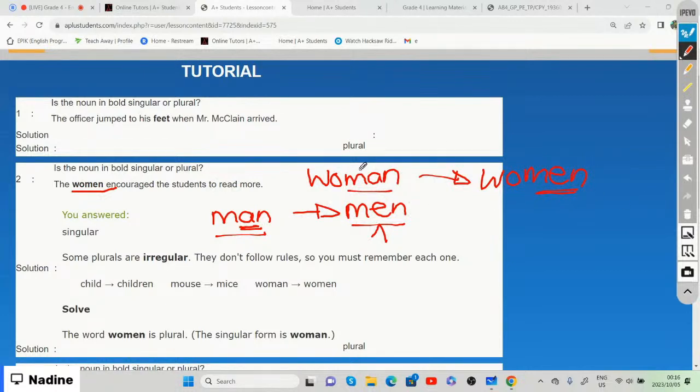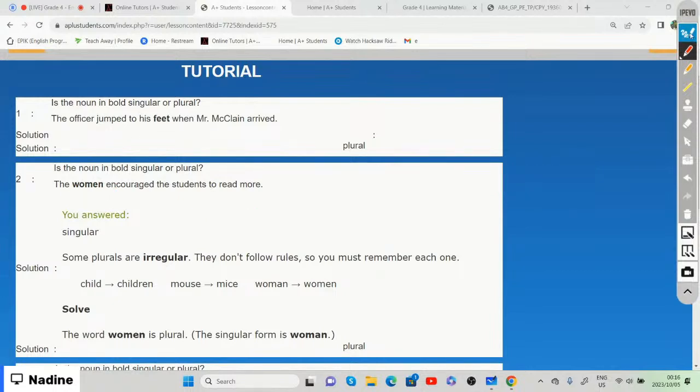The same with man and men, woman and women. So woman is the singular form with the A in, and women with the E is referring to plural.